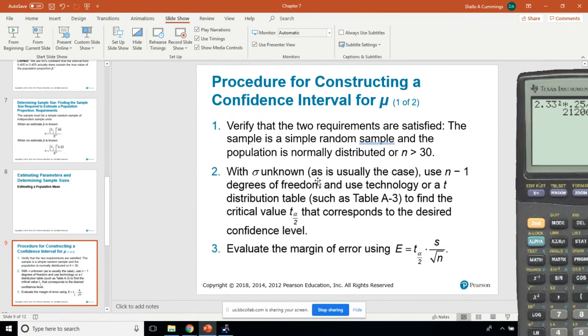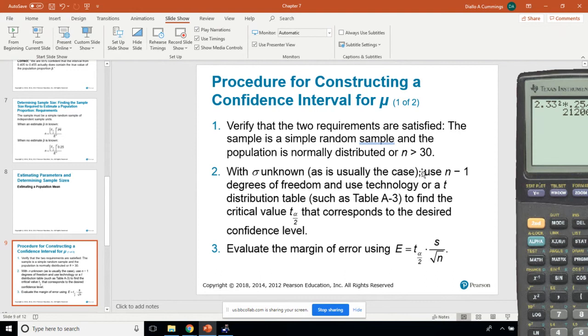When it is not known, we use a t-distribution. When the standard deviation is known or assumed, we use a z-distribution, or normal distribution.